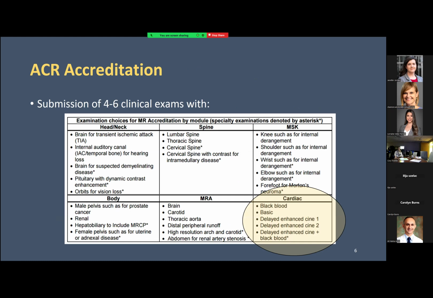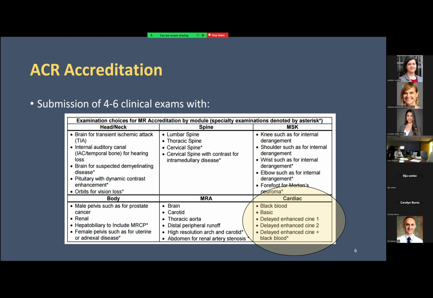As part of the accreditation, 4 to 6 clinical exams have to be submitted that demonstrate these different components for whole body imaging. And when we look at the cardiac box in the lower right, you can see that we have to submit scans related to our black blood imaging, our basic imaging, which can be our localizers or other things like that.